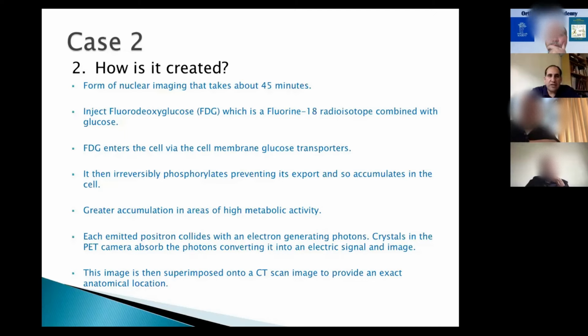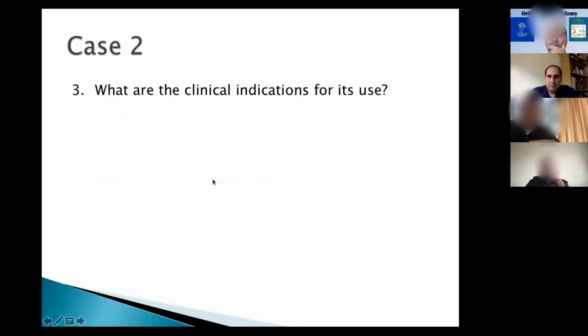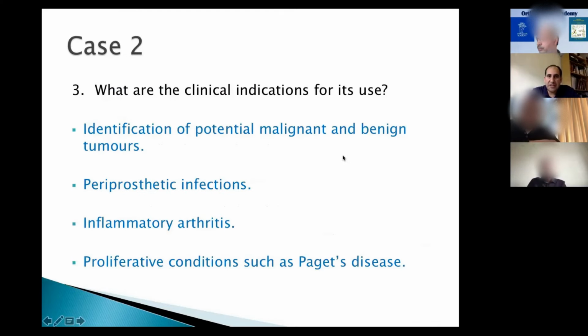Going on to the next part, you then went on to the clinical indications. From an indication point of view, you mentioned areas of malignancy, so both benign and malignant tumors, parasitic infections, inflammatory arthritis, and things like Paget's disease. So anything that has high activity, cell accumulation.